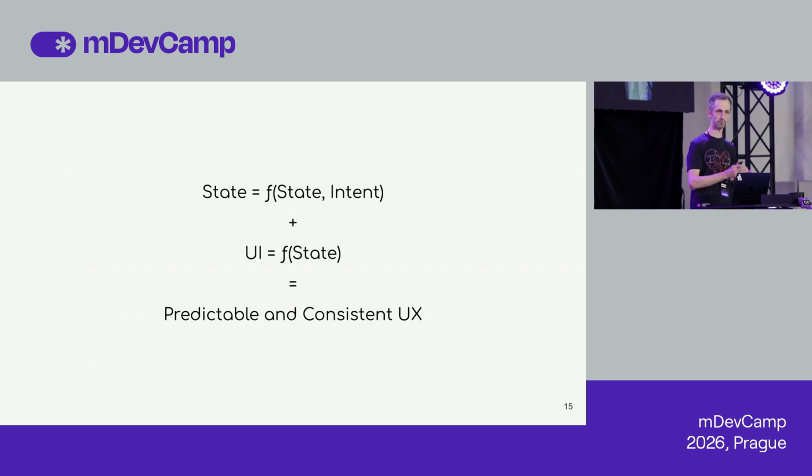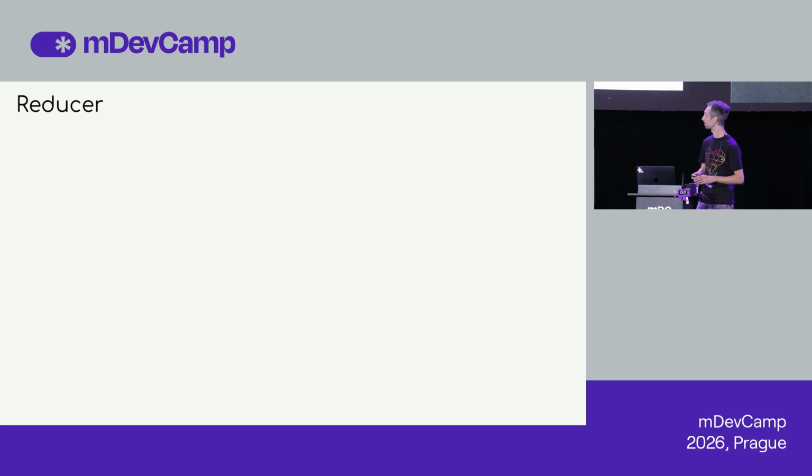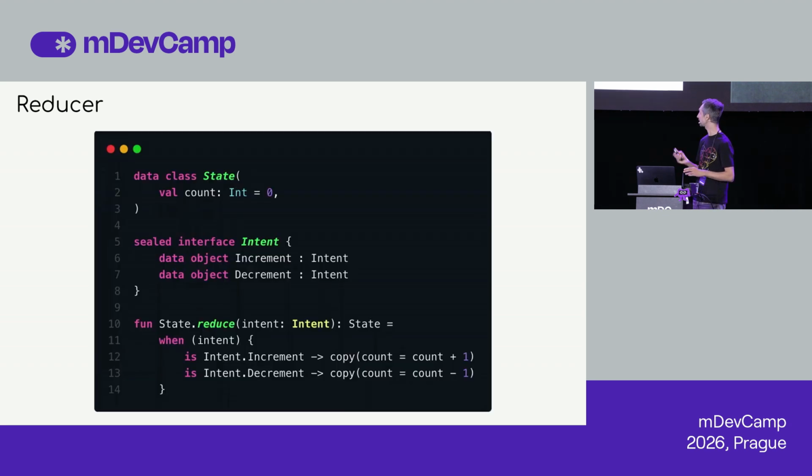So we have this pure reducer function. And if you're using declarative UI like Jetpack Compose, you probably have your UI as a function of state. So both together give you a predictable and consistent user experience, usually. This is a simple example of a reduce function.